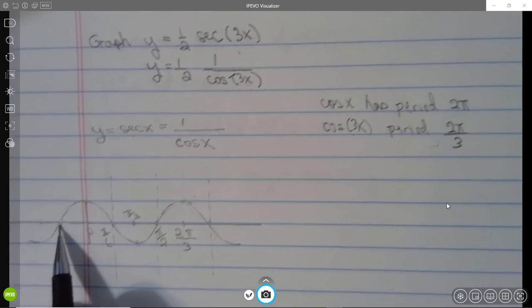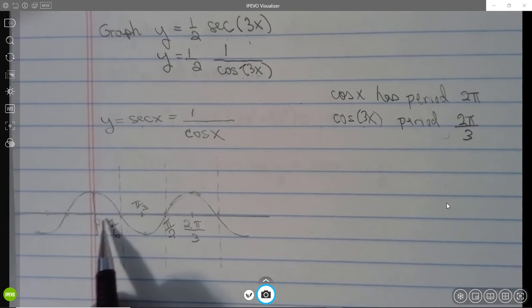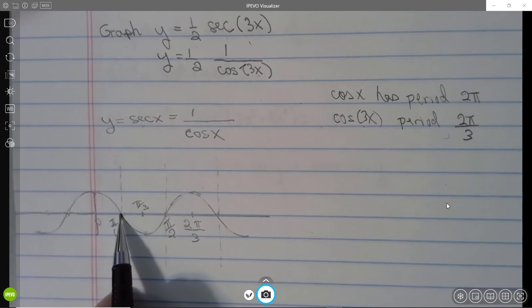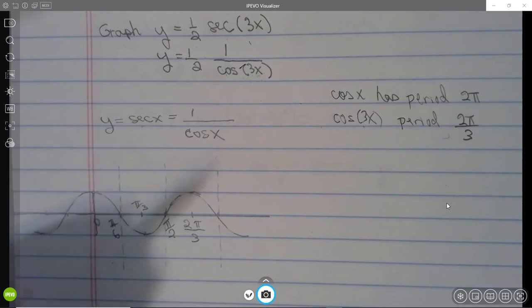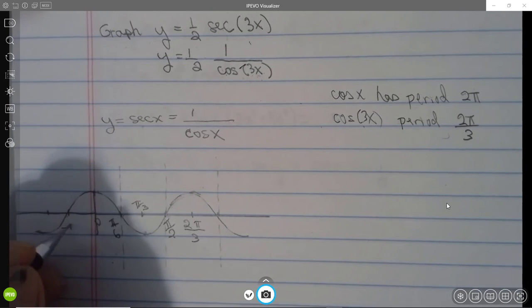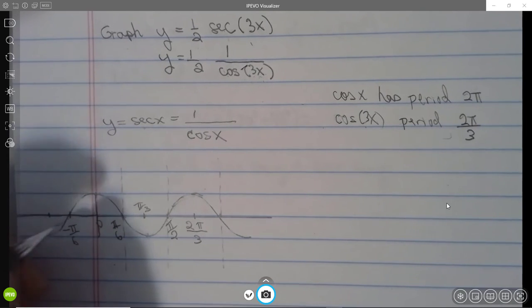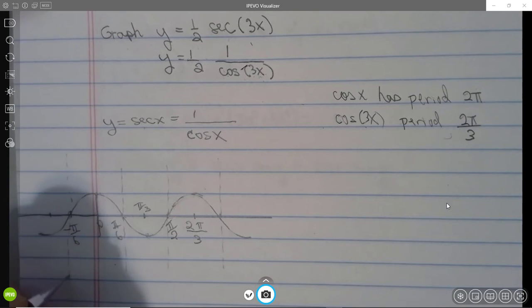Now, if you wanted the one back here, you could get it pretty easily. Since this distance is pi over 6, that one must be as well. So this must be minus pi over 6. And we get another vertical asymptote in our secant graph.